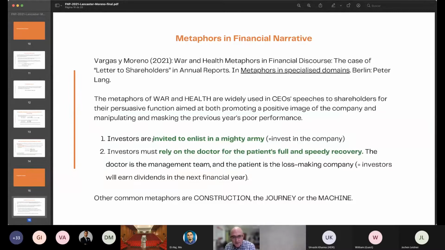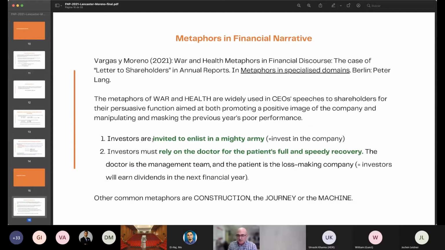The typical metaphors are: investors are invited to enlist in a mighty army, that is the company. Or investors must rely on the doctor for the patient's full and speedy recovery, understanding that the doctor is the management team and the patient is the loss-making company.